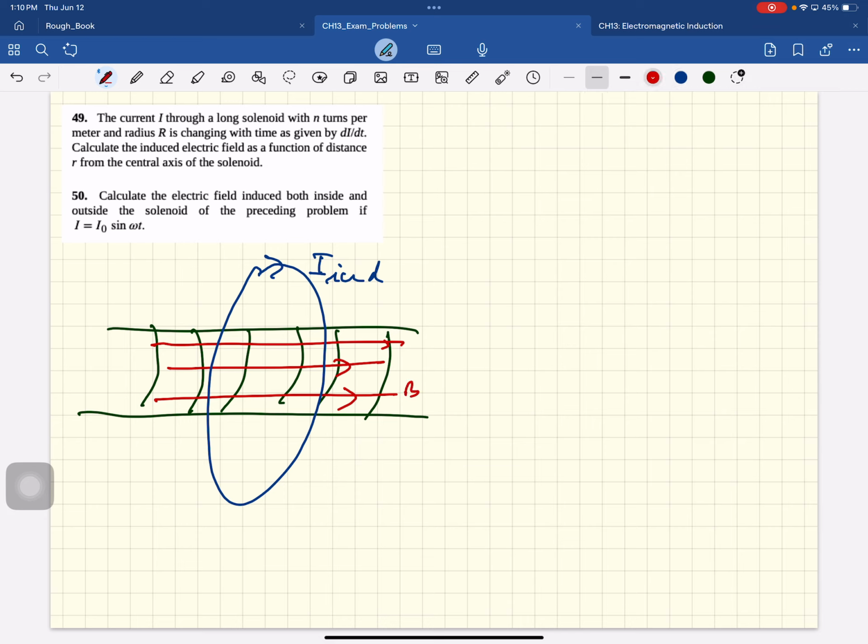So what we have is E dot ds around that closed loop equal to minus d phi by dt.